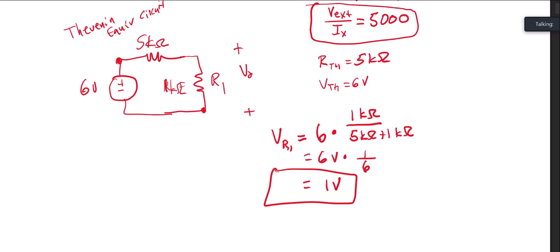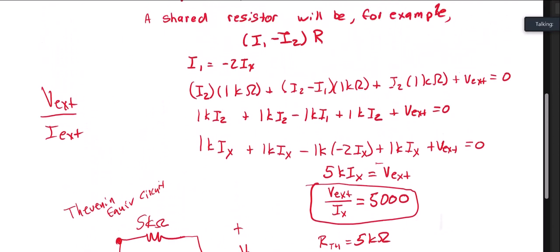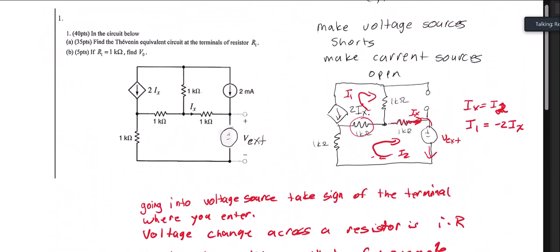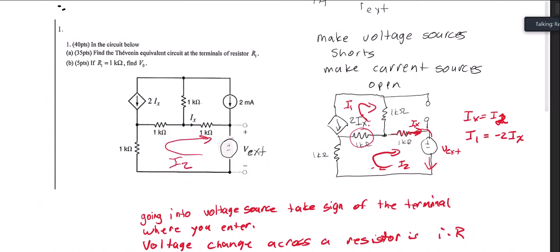Yes? Are you planning to go over any more? I did have another one, yeah. Yes. I was just curious why everything goes from I2 to IX. Because back here, the way I drew my loop, I called this I2, and IX was right here.